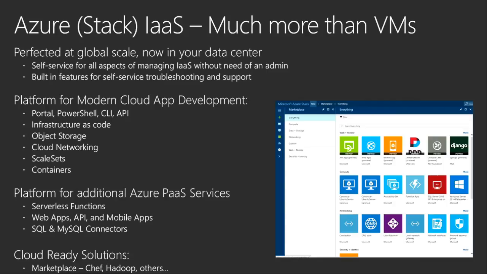So anyway, first of all, we perfect IaaS at scale running in Azure. We run one of the largest clouds in the world. If we didn't fully operate that in a self-service manner, we would have so many calls from our customers saying, hey, can you put this VM on this VLAN?